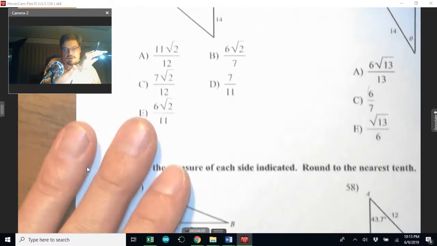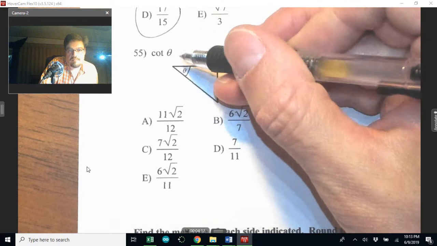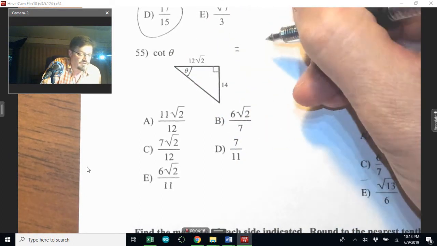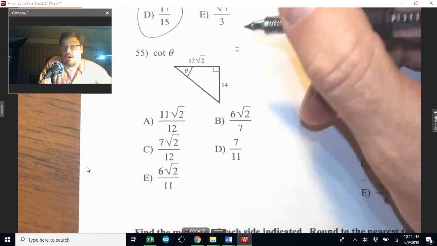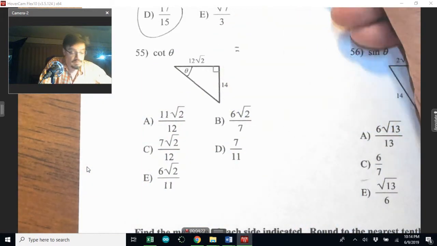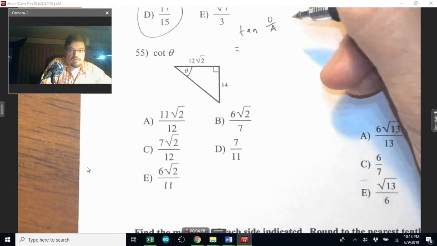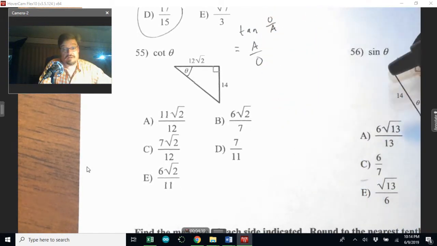Okay, so we keep going with this. Let's see, we're looking from theta here. We want cotangent. Now cotangent is actually the reciprocal of tangent. Tangent is O over A, so cotangent is A over O, just by definition.